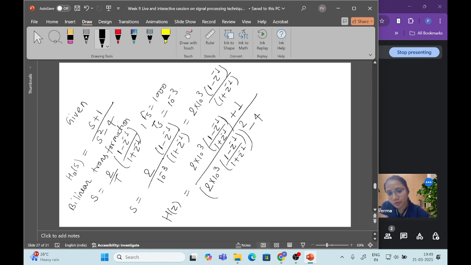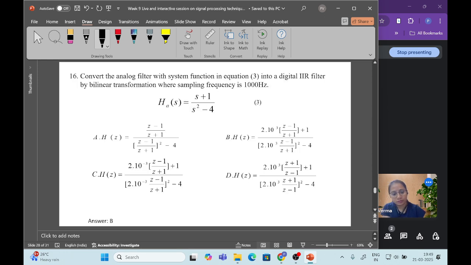Now further, they have asked the same, but not in the form of z inverse, they have given it in the form of z only.